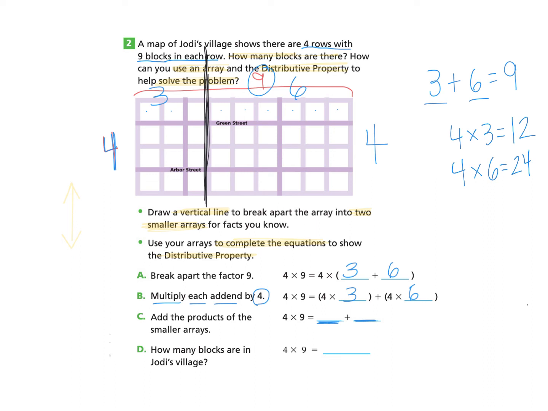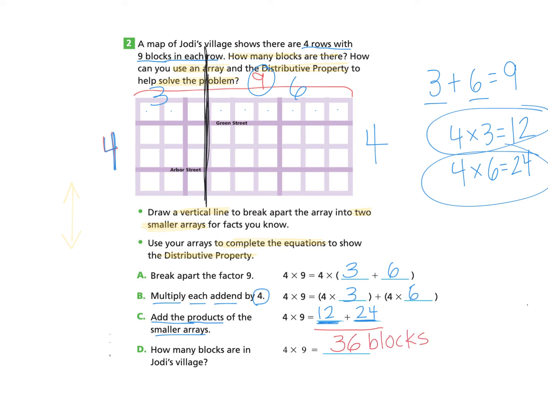So I'm going to write those products here where it asks me to add the products of the smaller arrays. I put the 12 here for the 4 times 3, and I put the 24 here for the 4 by 6. And when I add 12 plus 24, I will find that the answer is 36 blocks.